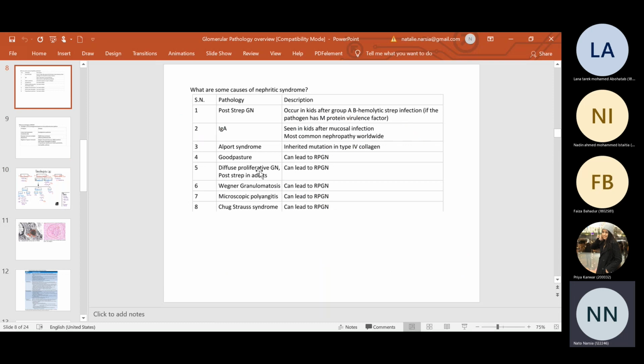All this Goodpasture, diffuse proliferative glomerulonephritis, post-streptococcal in adults can lead to RPGN. So we were talking about RPGN, and then I discussed all these conditions, okay? Differential diagnosis, you need to remember, because you have a patient, you made the diagnosis of RPGN. How? You found crescents, okay?